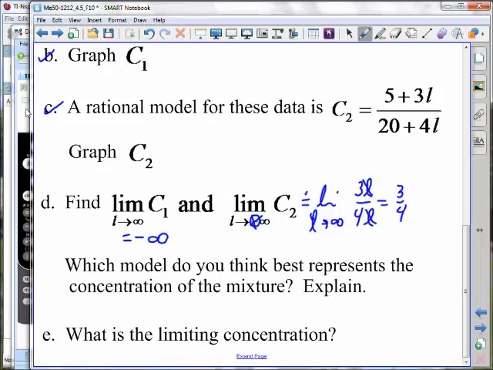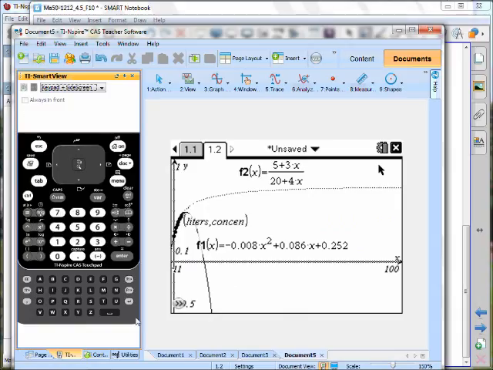What about our graph? Eventually, what's happening? Is there an asymptote? Horizontal? What would be the equation of that horizontal asymptote? 3/4.